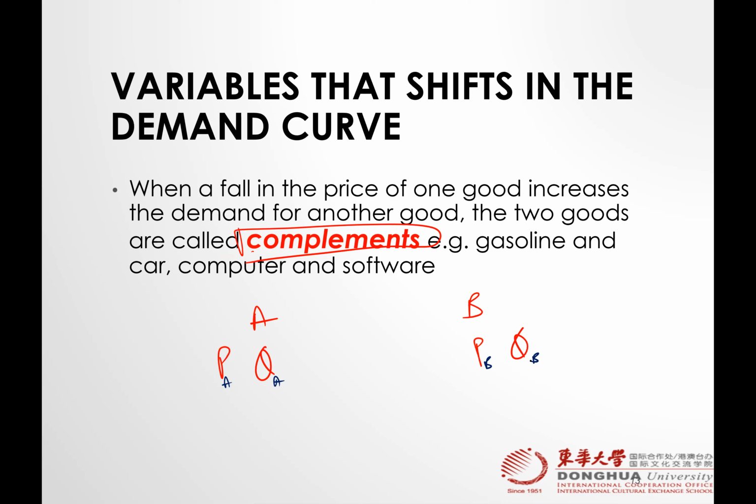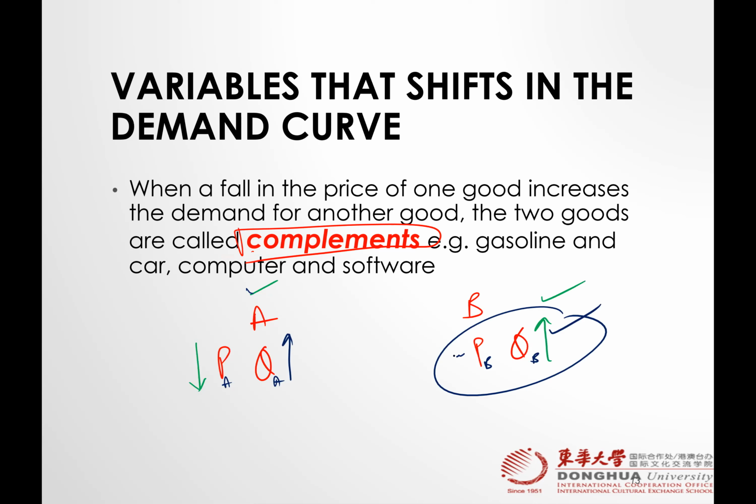So what happens if there is a decrease in the price of A? It causes an increase in the quantity of product B. The law of demand states that if product A's price decreases, it automatically increases the quantity of A. But since product B is included in or is an integral part of A, automatically the quantity of product B rises, right?